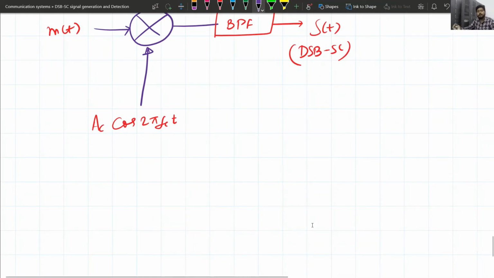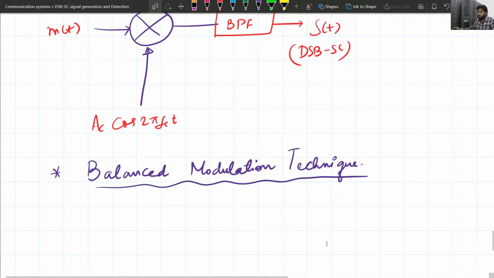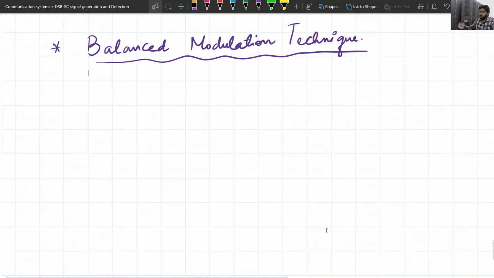Now one of the methods regarding the generation of the DSB-SC wave, the one that we will be discussing here, is the balanced modulation technique. In terms of block diagram, we can present this technique.